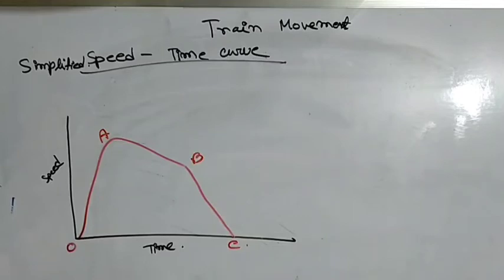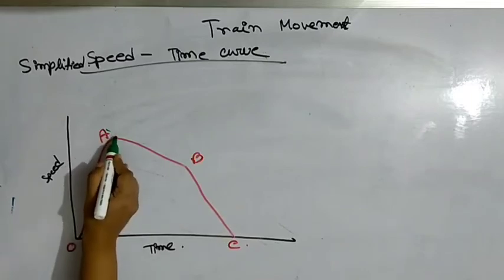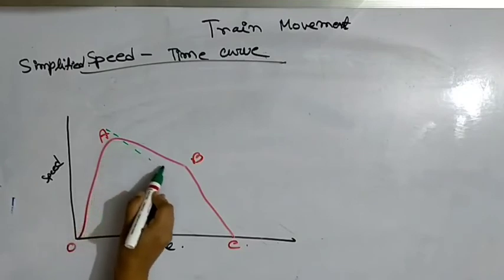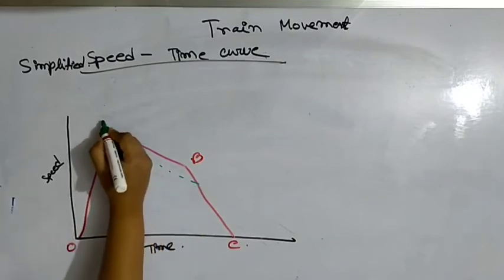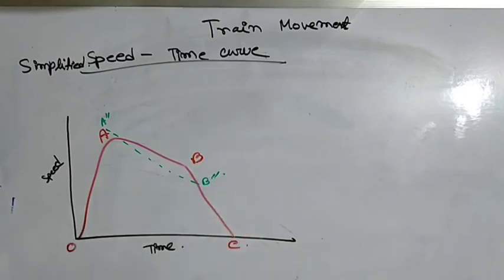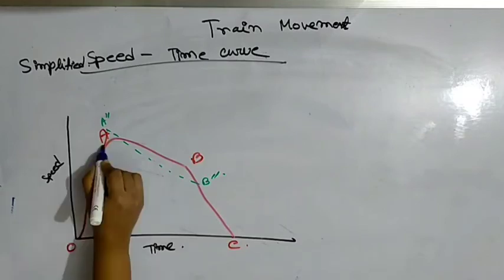Now in case of the simplified trapezoidal speed time curve, this is A double dash and this is B double dash. Now O A double dash B double dash C is the speed curve, where running and coasting periods are extended.